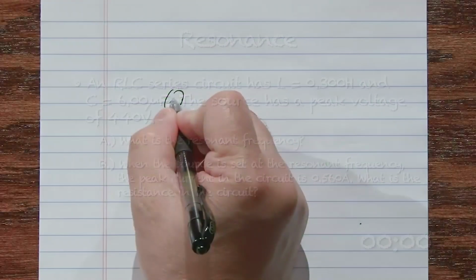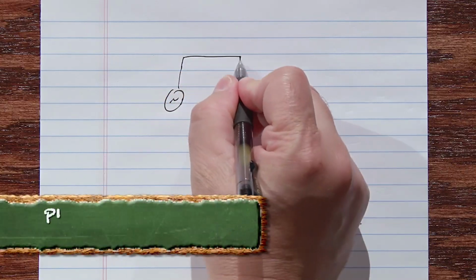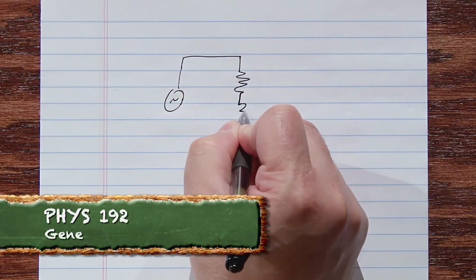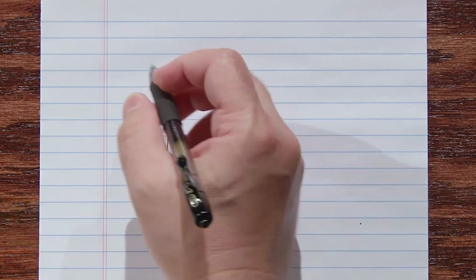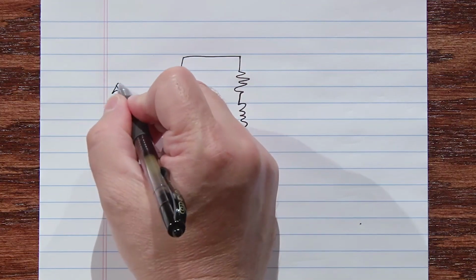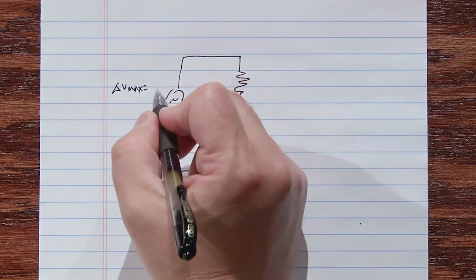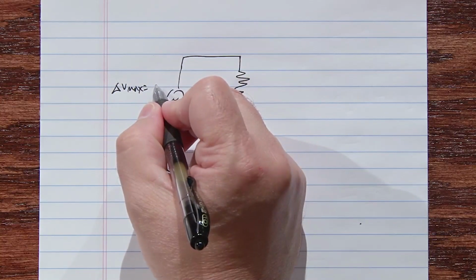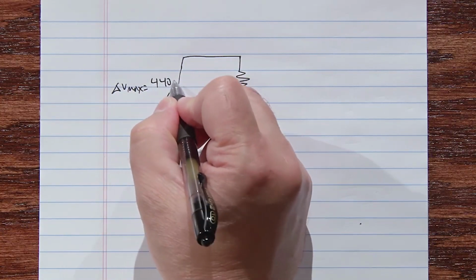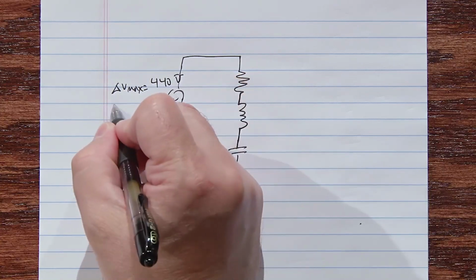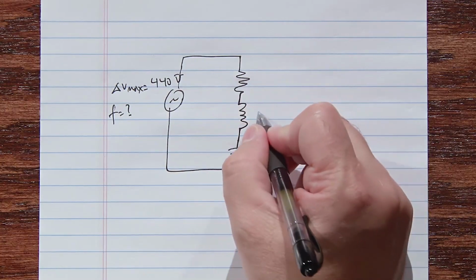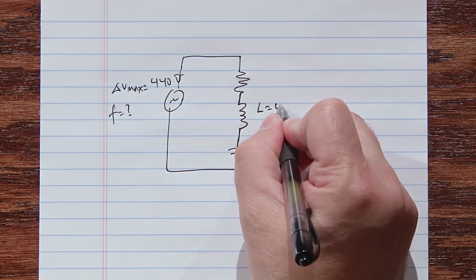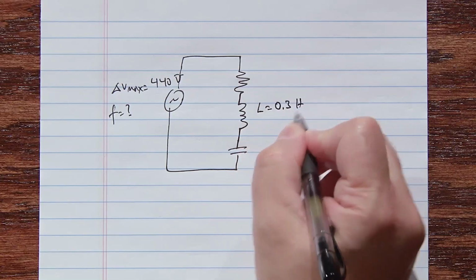Here's our diagram. There's our source, and here's our resistance, our resistor, our inductor, and our capacitor. And this is delta V max is equal to 440 volts. The frequency is the resonant frequency, which we're going to find. The inductance, L, is equal to 0.3 henries.